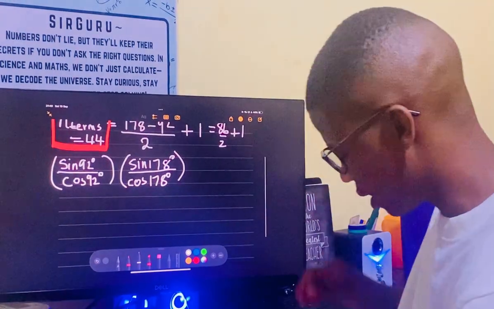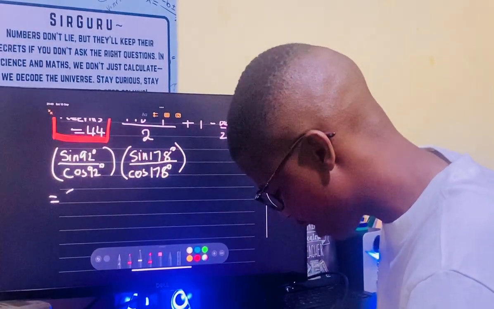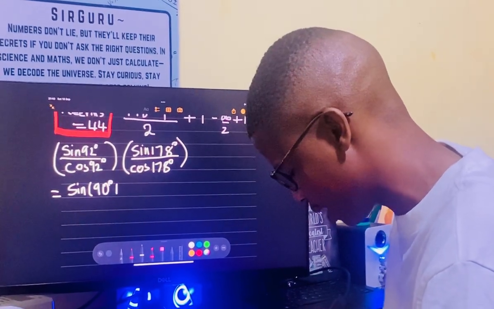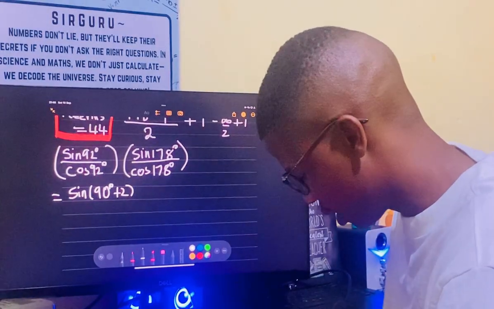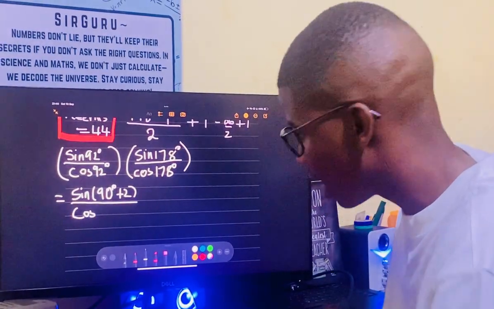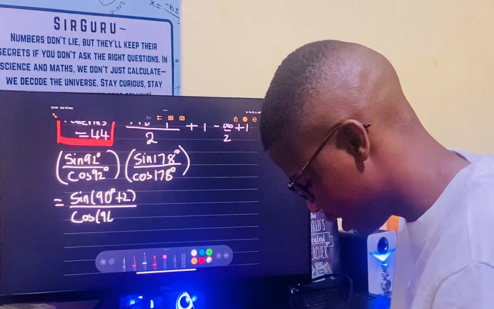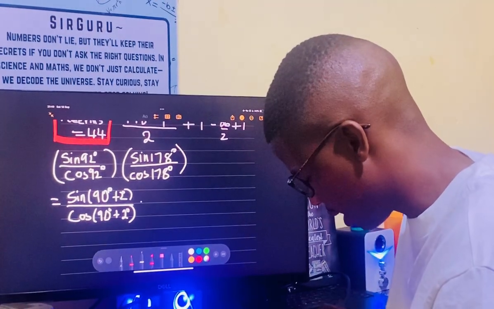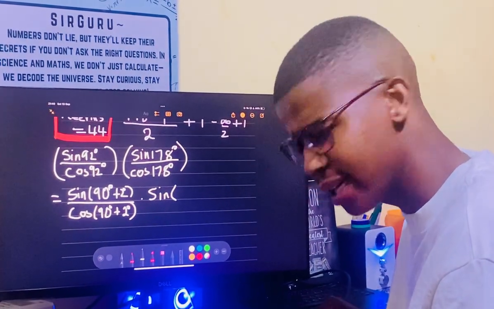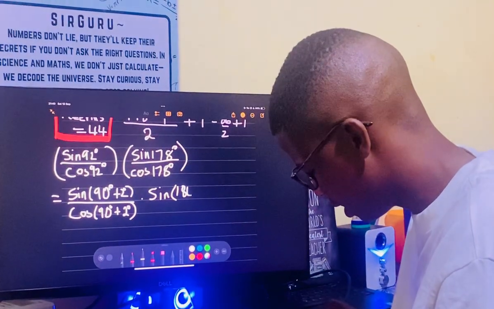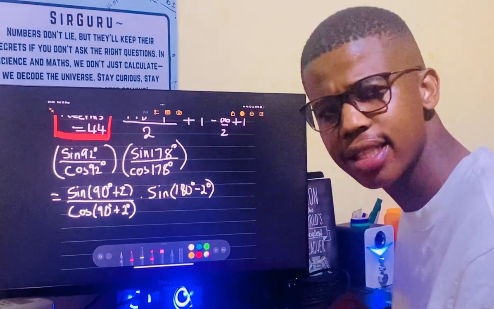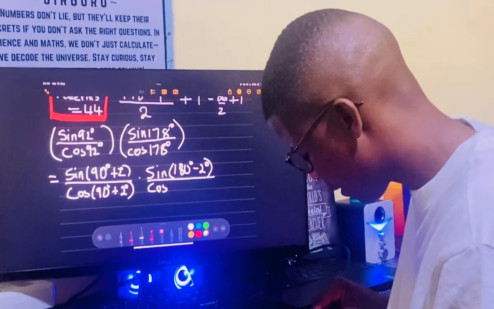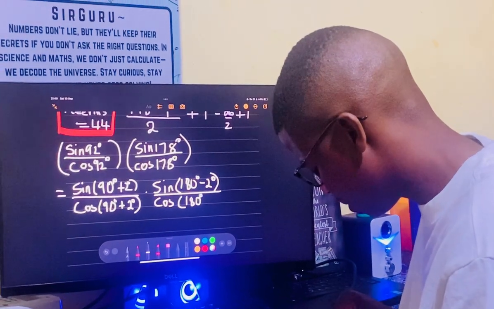And then remember this, ladies and gentlemen, we have sine 92 breaking into sine of 90 plus 2, and also cos 92 can be written as cos of 90 degrees plus 2 degrees, then multiplied by sine 178, which can be written as 180 minus 2. 180 minus 2 degrees is still 178. We're doing reduction here, ladies and gents. So cos will be the same, 180 minus 2 degrees.